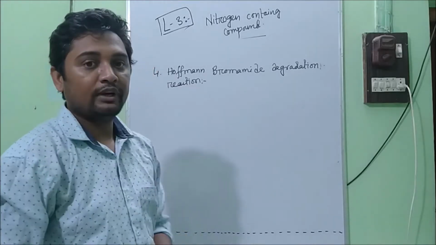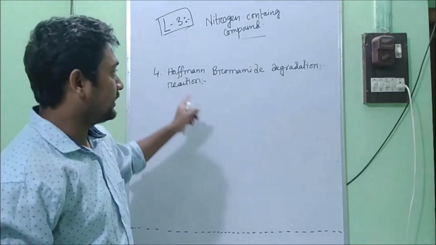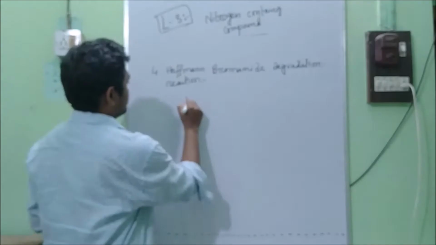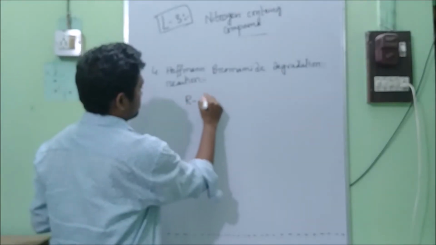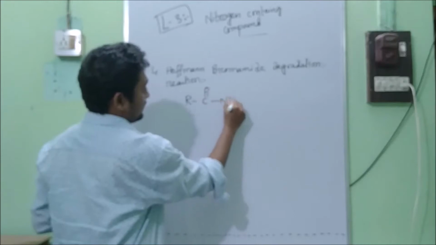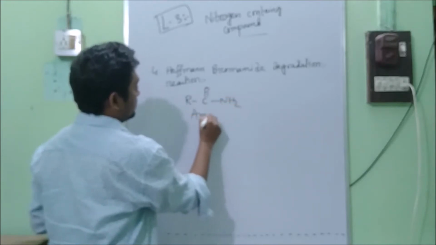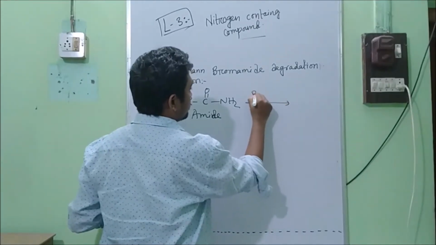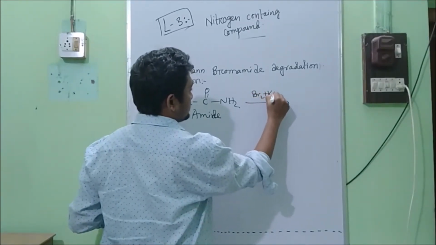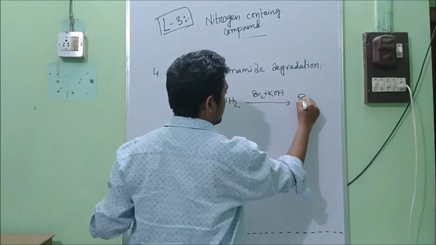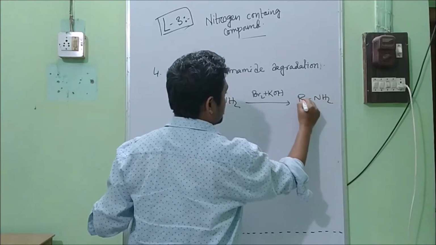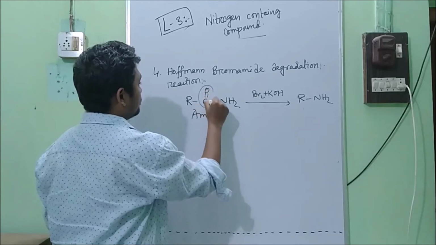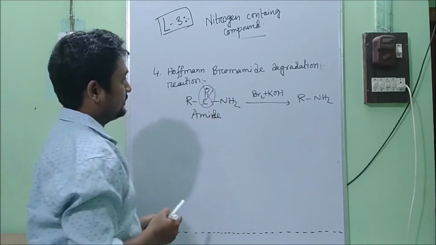Next one is Hofmann bromamide degradation. It is a very important reaction. In this reaction, amide compound on reaction with bromine in presence of a base will convert into NH2. This CO group will vanish from the structure.